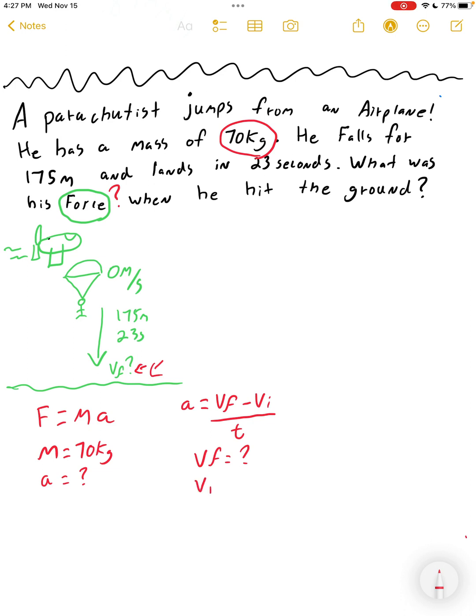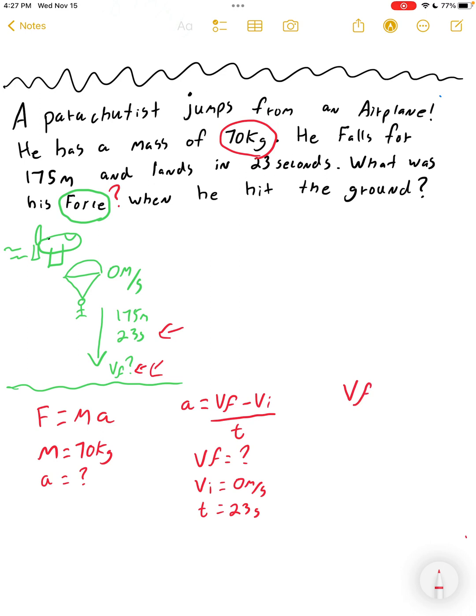Okay, do we know initial velocity? Well, we sure do, because he started from rest. He started from jumping out of that airplane and he started to increase his velocity. So he started with 0 meters per second, and then we want to know time. And time was given to us right here, 23 seconds.